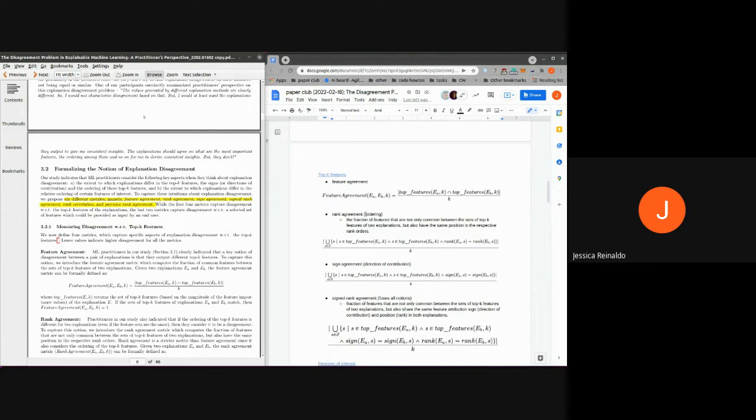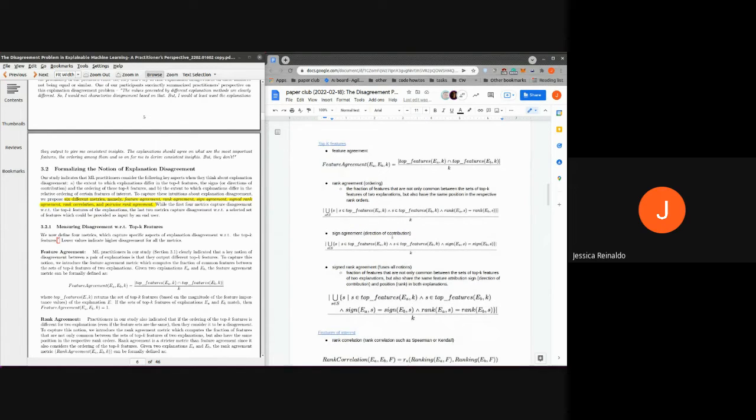The rank agreement is basically the feature agreement plus the rank of these features being the same. The sign agreement is basically the feature agreement and the sign of the explanations being the same for a given feature.